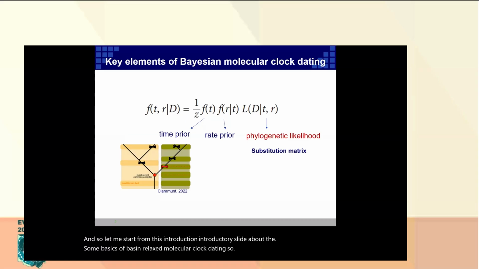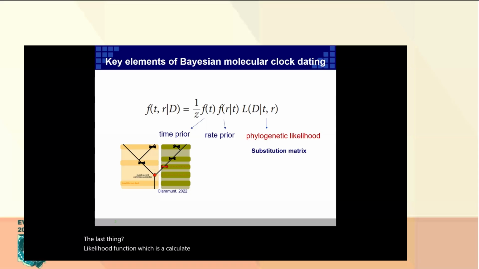On the right-hand side of the equation shows the three key elements of Bayesian molecular clock dating, which is the time prior, indicated by f of t, rate prior, f of r, and the last thing, likelihood function, which is to calculate the phylogenetic likelihood.